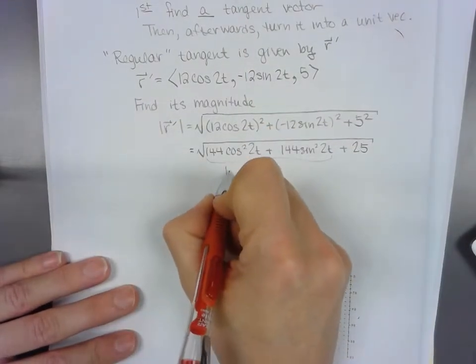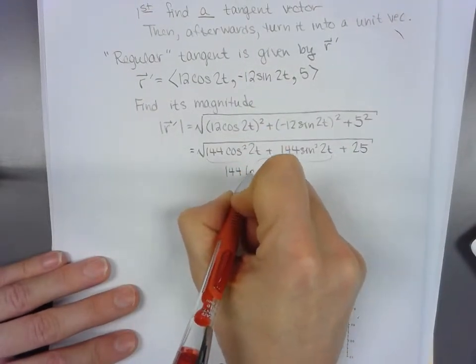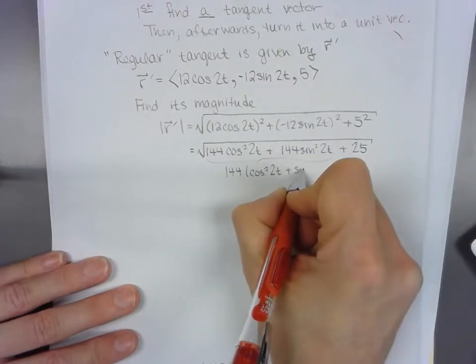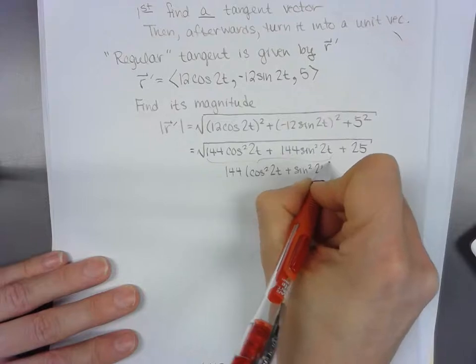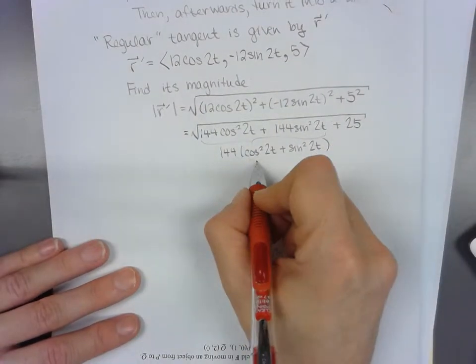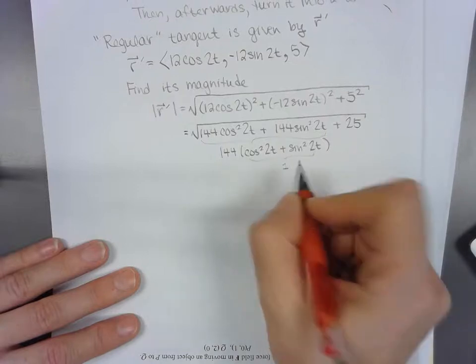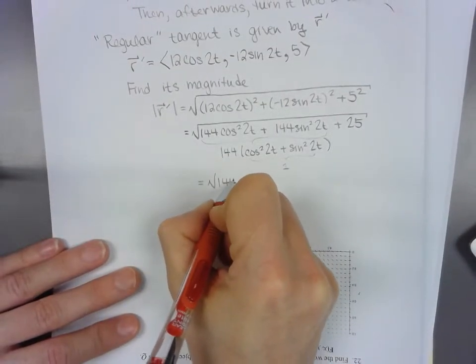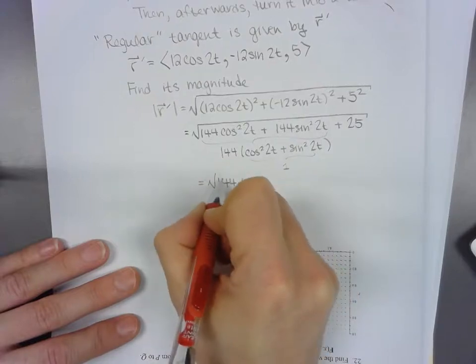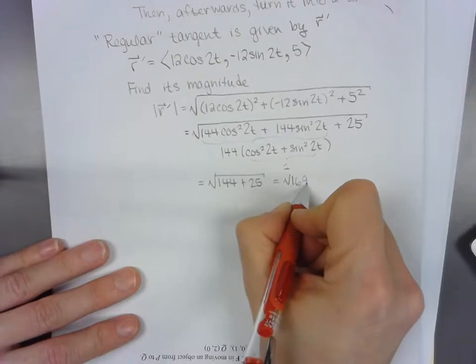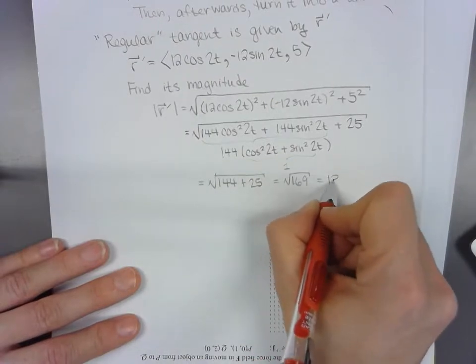If I factor that out, I'd be left with cosine squared 2t plus sine squared 2t, but that's just going to be 1. So I just have the square root of 144 plus 25, so the square root of 169, which is just 13.